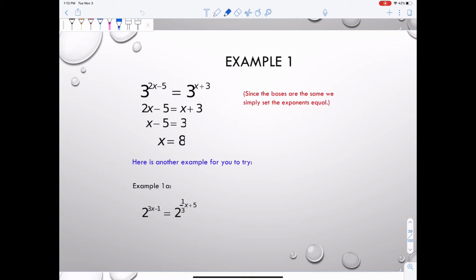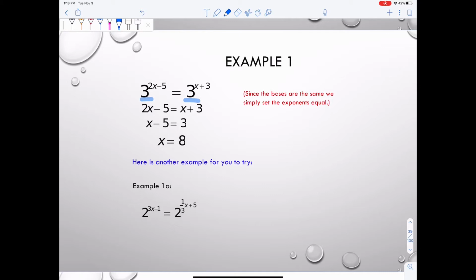Here I've got an exponential equation, 3 to the 2x minus 5 power equals 3 to the x plus 3 power. The bases are equal to one another, right? I have nothing being added or subtracted to either one of those exponential bases, and nothing times any of those exponential bases.